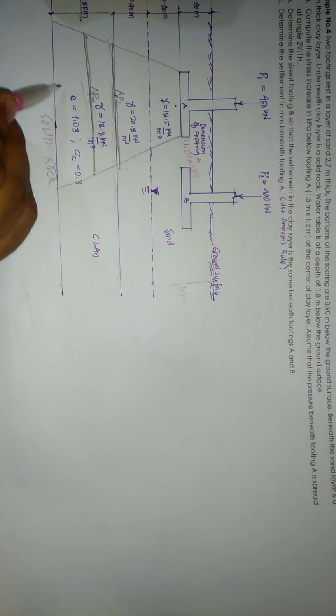So this one is your delta P top, simply because it's your clay layer. Then delta P middle and then delta P bottom.